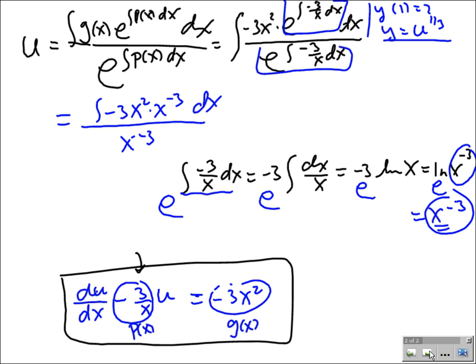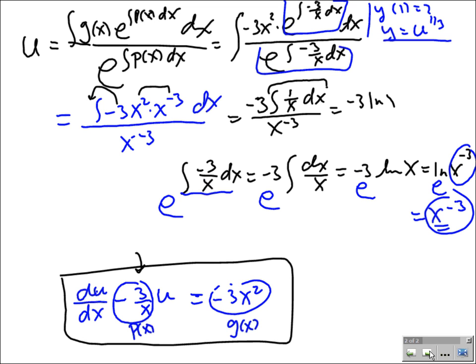The negative 3 I'll pull out in front of the integral sign. You add these powers, you get x to the negative 1, which is 1 over x dx. In the bottom, you have x to the negative 3. You have negative 3 times this integral, which is ln of x plus a constant, plus ln of c, divided by x to the negative 3.